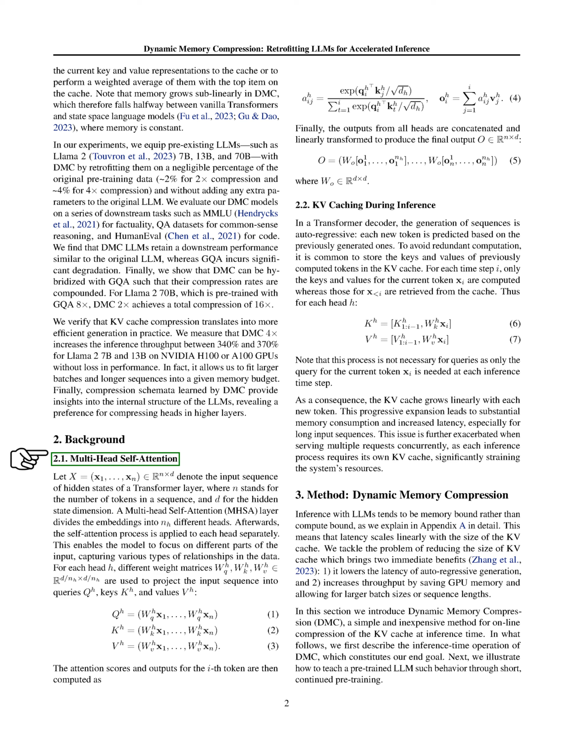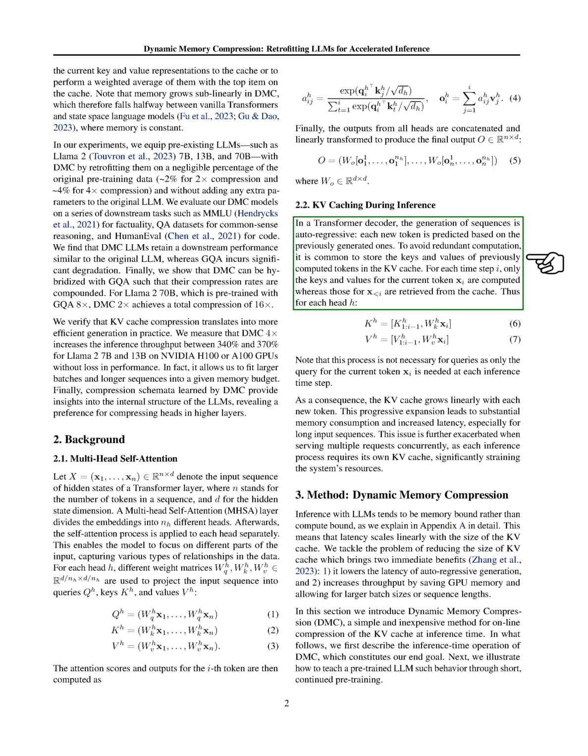Section: KV caching during inference. In this section, we discuss KV caching during inference in transformer decoders. When generating sequences in a transformer decoder, we predict each new token based on the tokens generated before it. To avoid repeating calculations, we commonly store the keys and values of previously computed tokens in the KV cache.